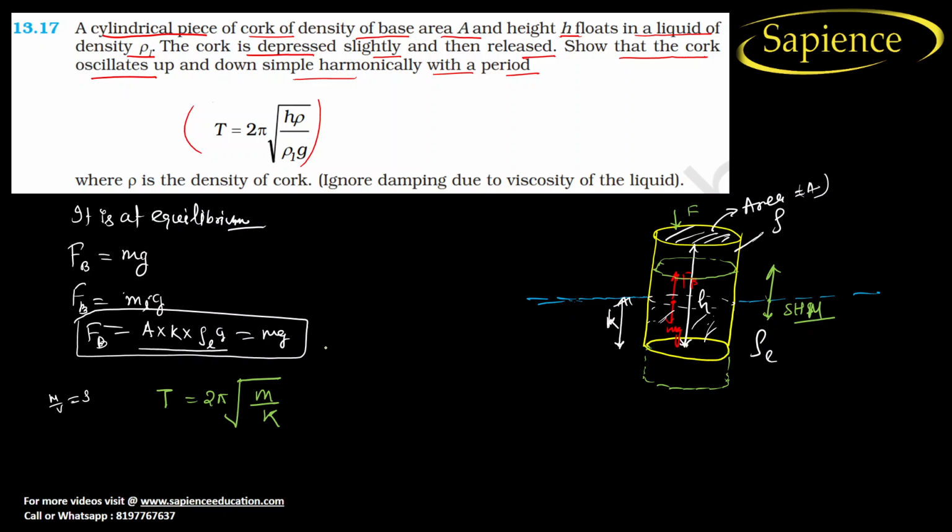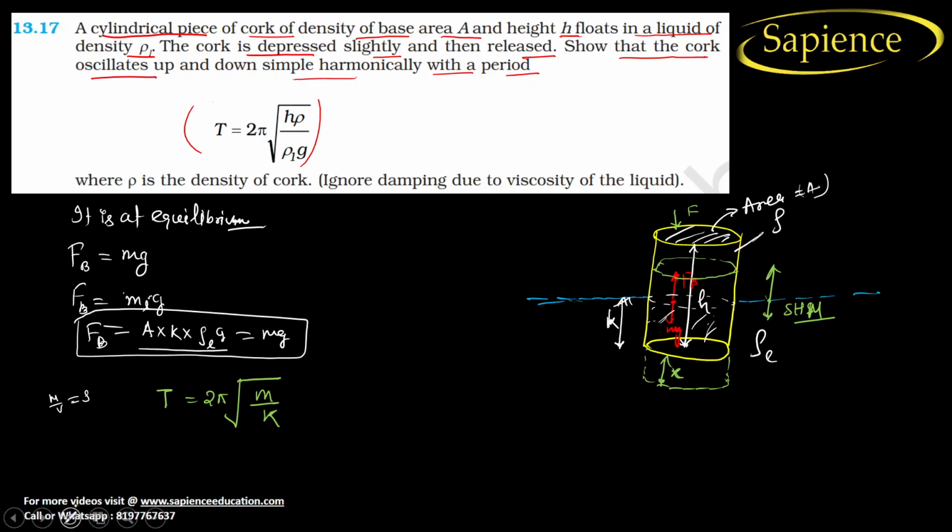Now see here, the mass of this body or cork is given. Now we need to find k. When I move this in this direction, there will be an extra displacement of x here.